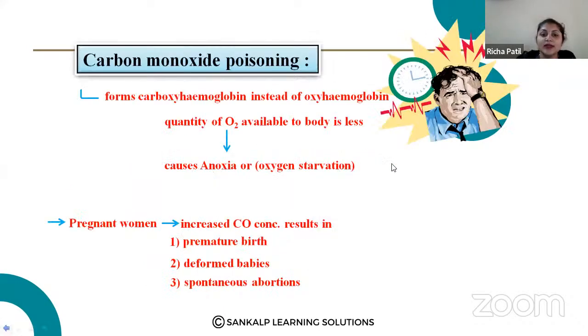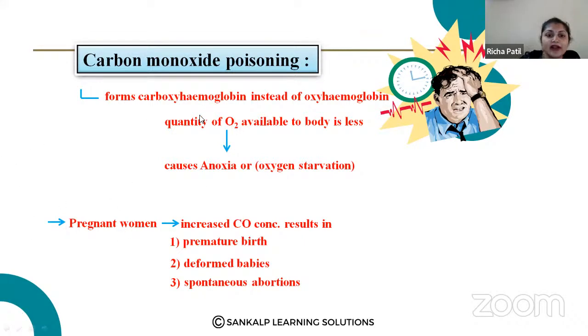So carbon monoxide poisoning. Why is carbon monoxide said to be poisonous? You know that it binds to hemoglobin. When you inhale oxygen, in our blood hemoglobin is present.